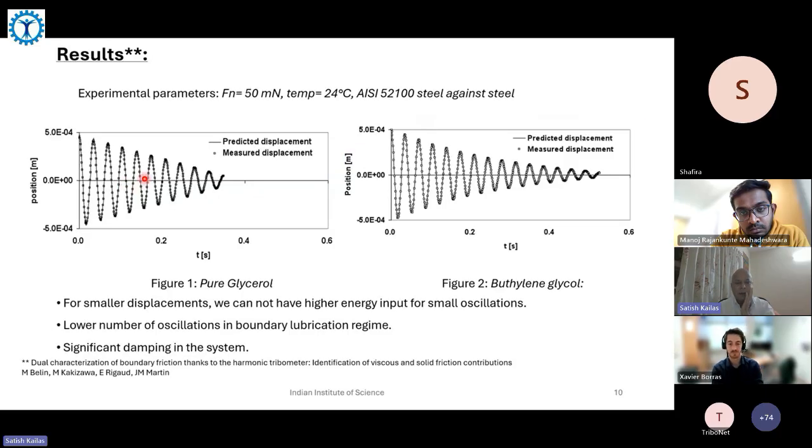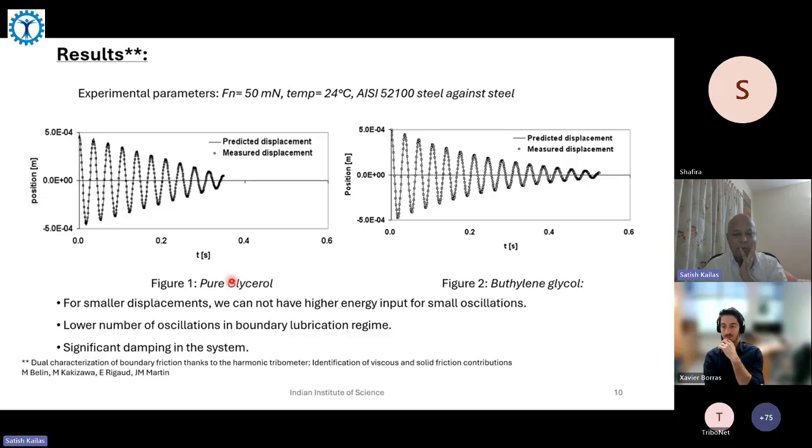So here they were able to pick up the differences between two oils, or two organic molecules. One is pure glycerol and the other butylene glycol. You could see that when you had butylene glycol, it goes up to 0.5 seconds, whereas it is less than 0.4 seconds, clearly saying this is a much better lubricant.